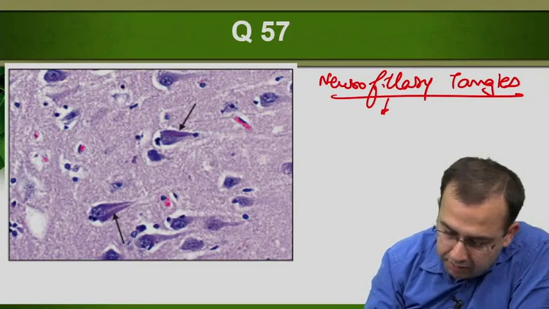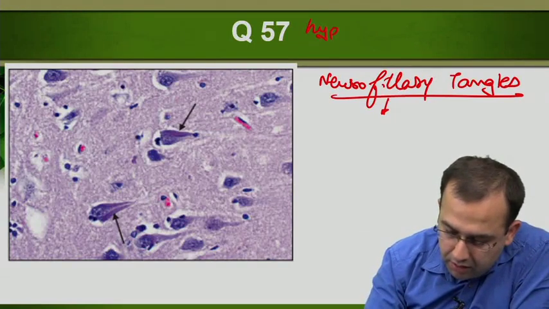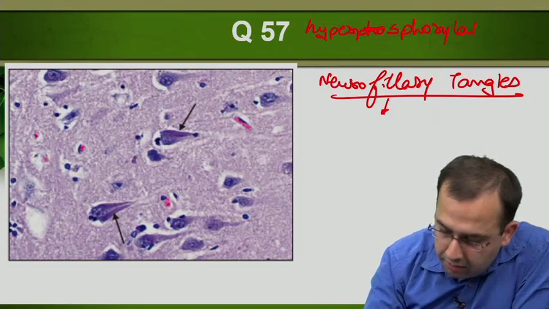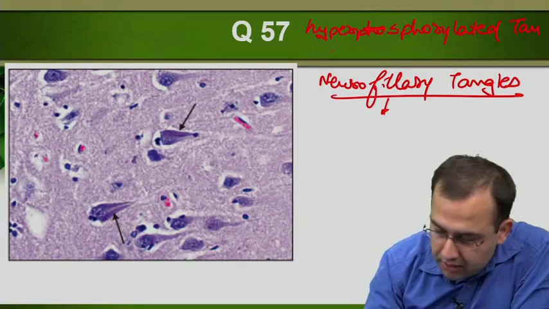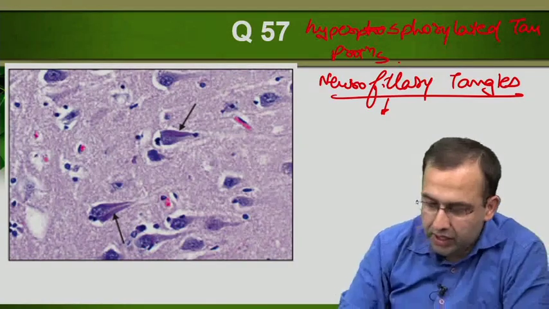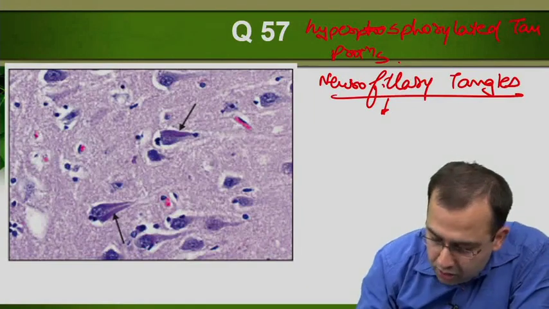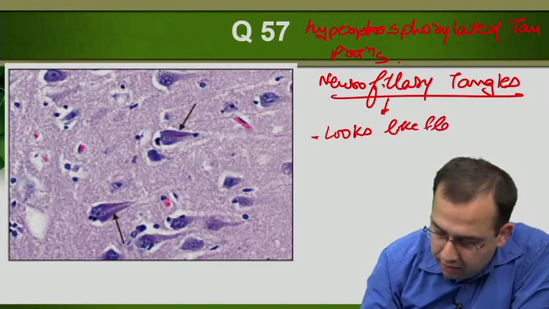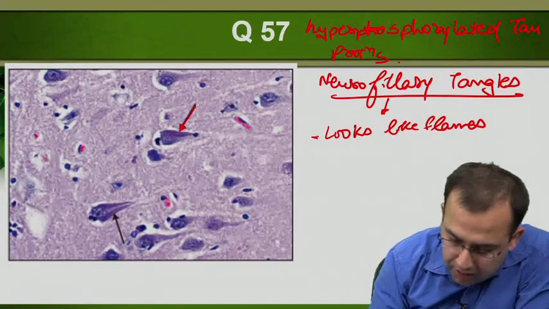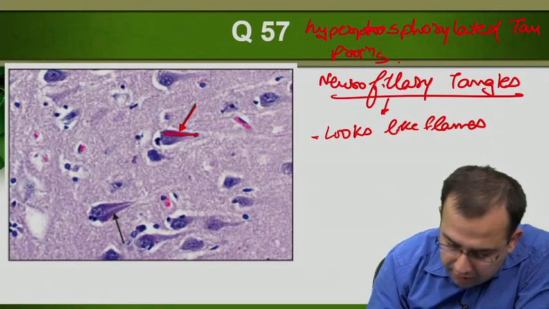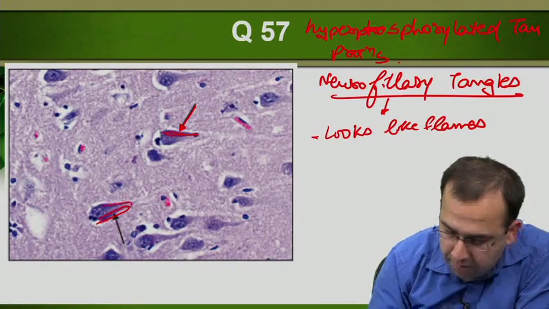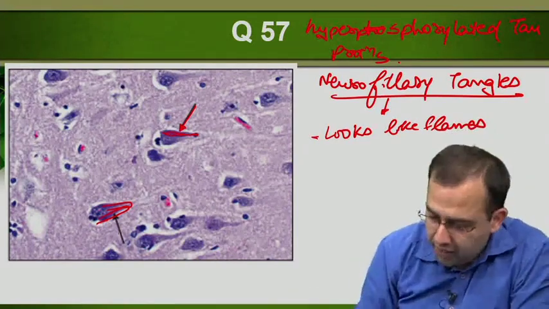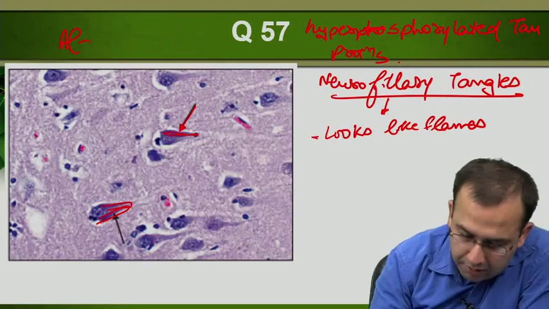These are hyperphosphorylated tau proteins, which look like flames. See, this is looking like a flame, a beautiful flame. Hyperphosphorylated tau proteins which look like flames, seen in Alzheimer's disease.